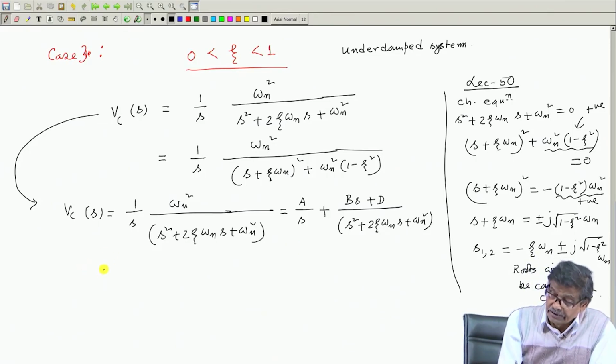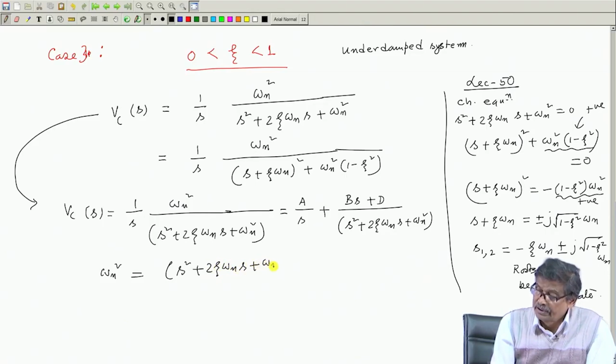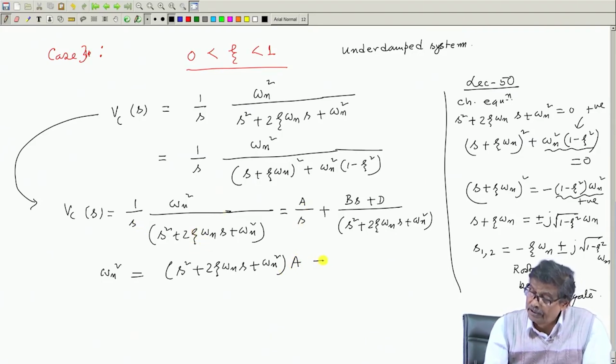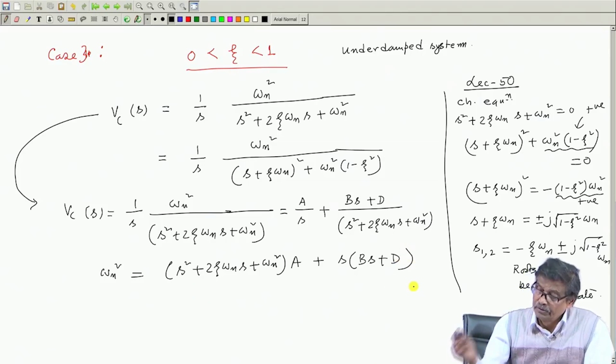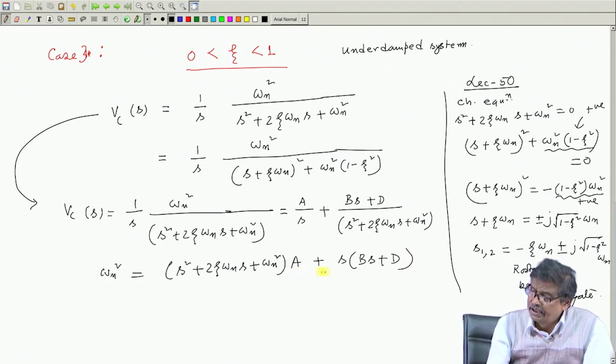So, I will write omega n square is equal to S square plus 2 zeta omega n s plus omega n square into A, plus S into B s plus D. The value of A can be easily calculated by putting S equal to 0.